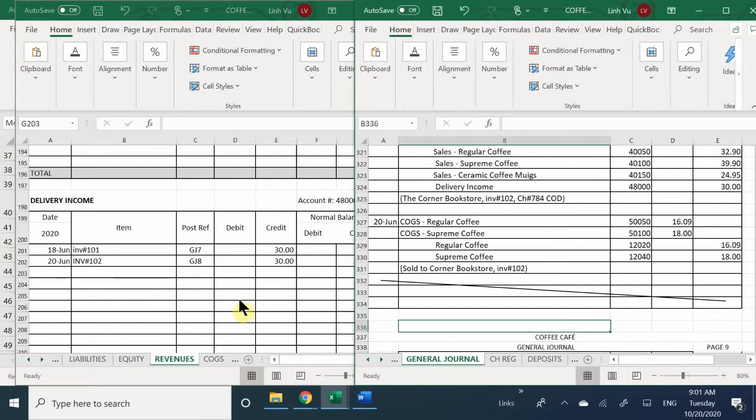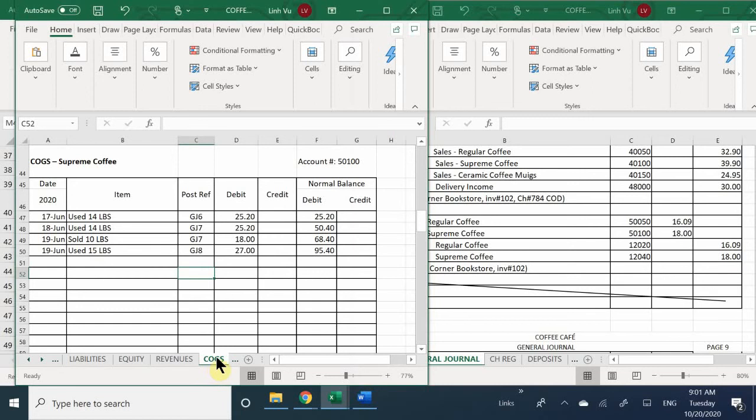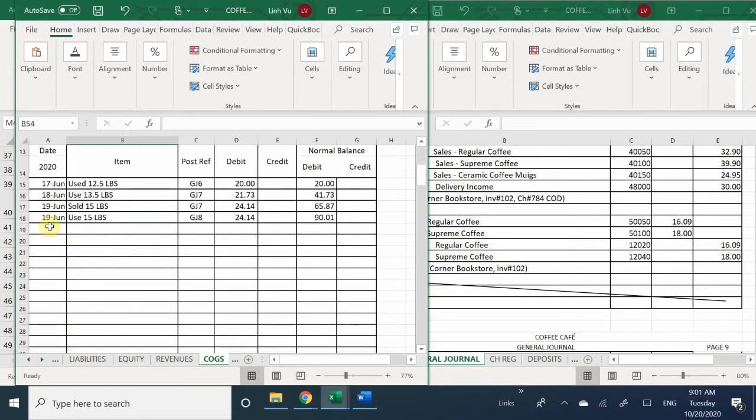Okay, so what's my first thing I got to go? Cogs, yes, cogs. And we're going to look for regular coffee. How many did I sell? 10 pounds.